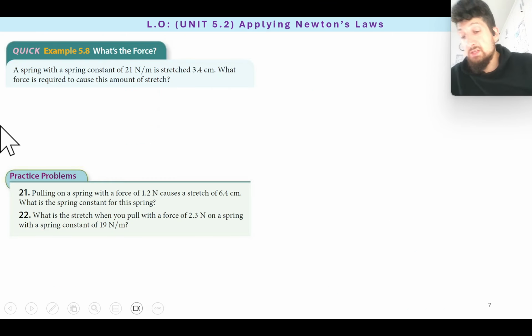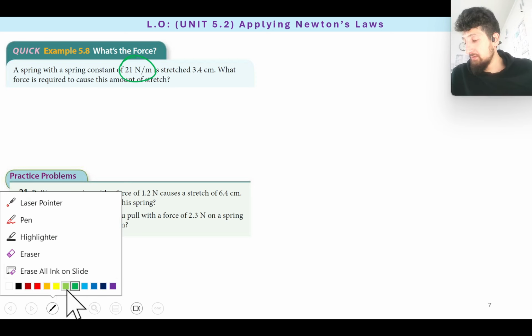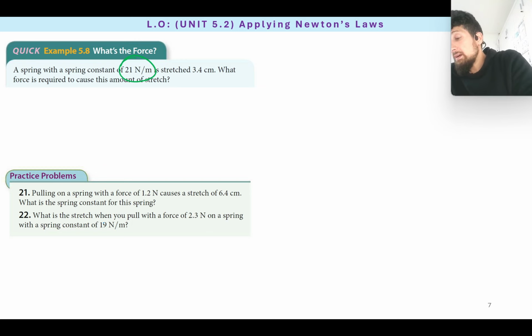Okay, and here we've got some examples. So a spring with a spring constant of 21 newtons per meter. Remember, we just found that unit before, and here it is. So that's K. K equals 21. It's stretched by 3.4 centimeters. So X equals 0.034 meters. What is the force required to cause the amount of stretch? Come on, guys.